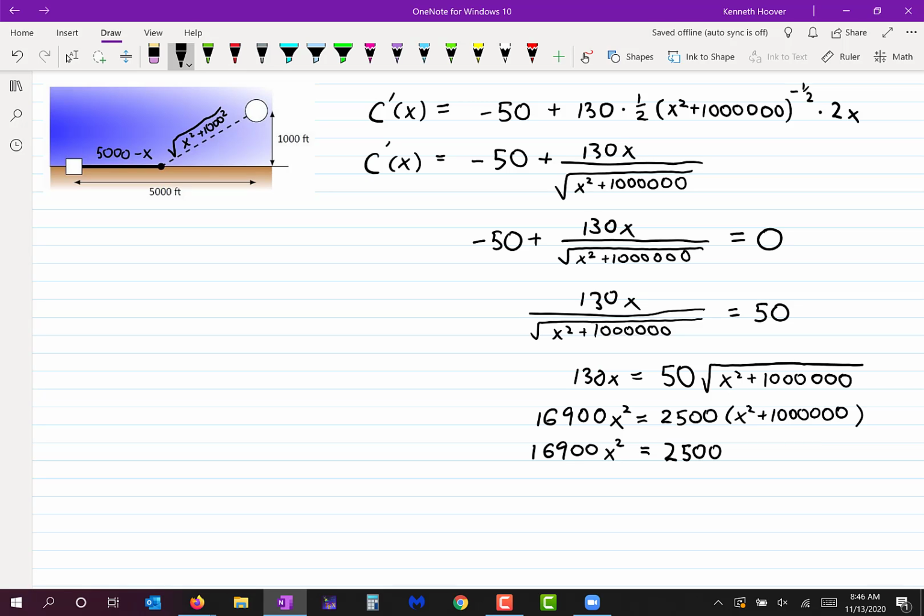This is just basic algebra. Okay, subtract 2,500x squared from both sides. We will have 14,400 x squared equals a 25 followed by 8 zeros.